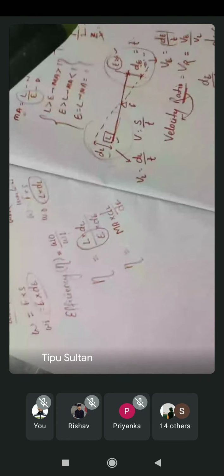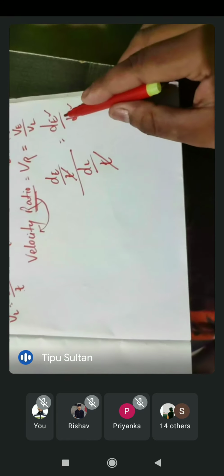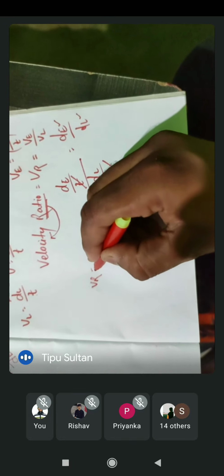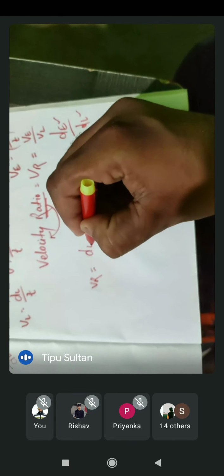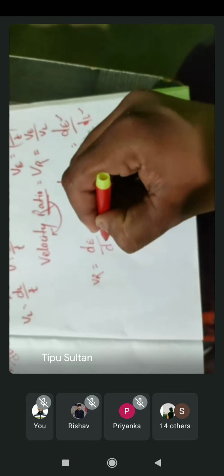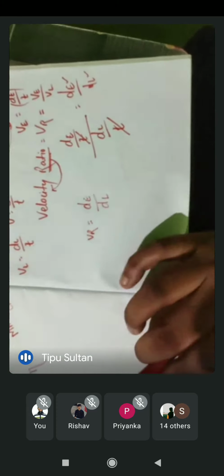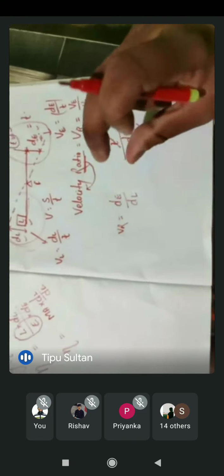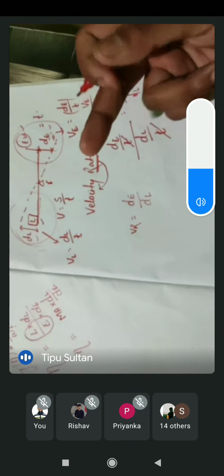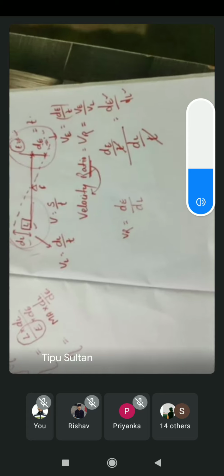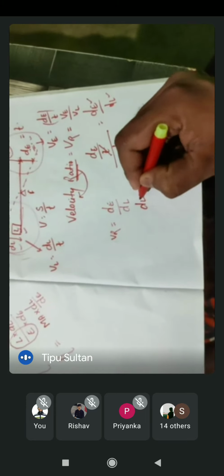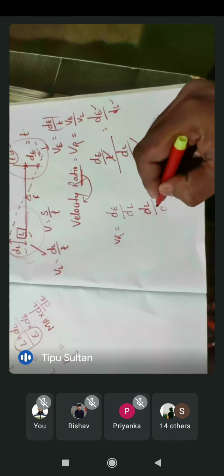Now velocity ratio, from here we got velocity ratio is equal to dE by dl. If you take the reciprocal of this, numerator becomes denominator and denominator becomes numerator, so you have to interchange. So you can write dl by dE.